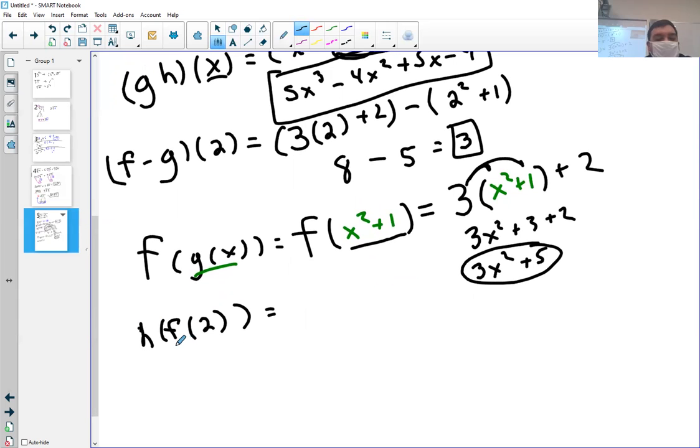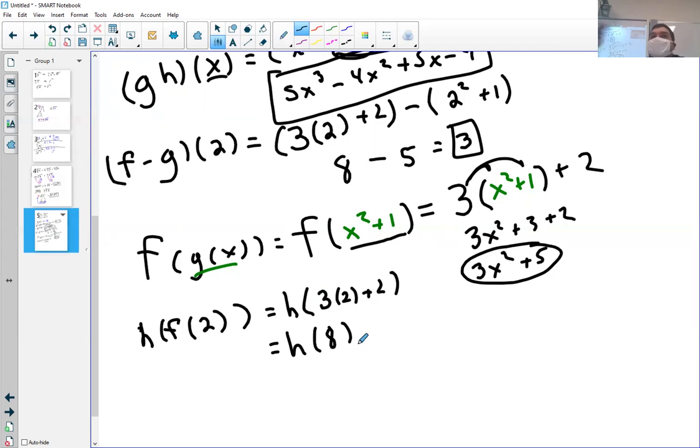Because the h. Well, at first you're going to put 2 for the f part. So h of, now I'm going to plug in 2 for the f part, which is 3 times 2 plus 2. So in the f equation, I plugged in a 2. Then I'm going to just solve it. 3 times 2 is 6 plus 2, h of 8.